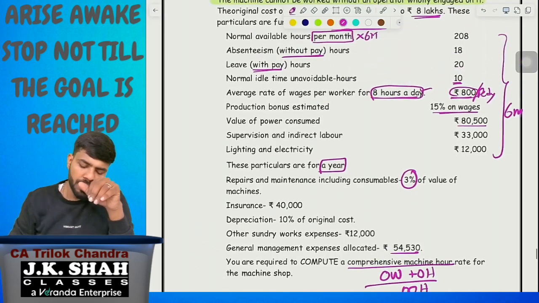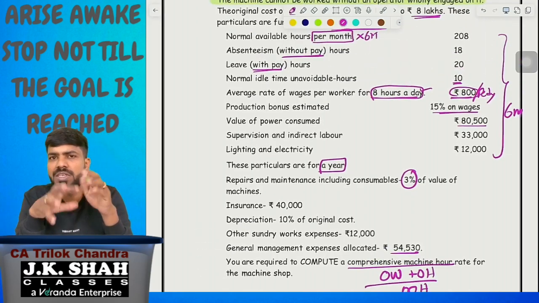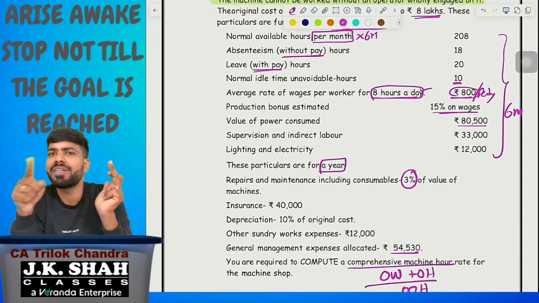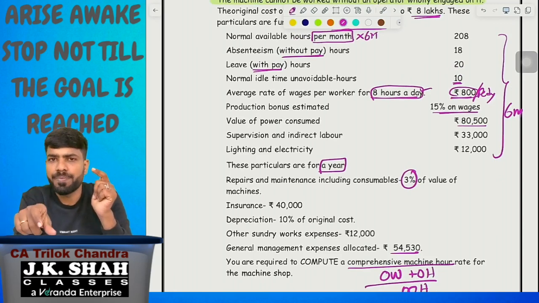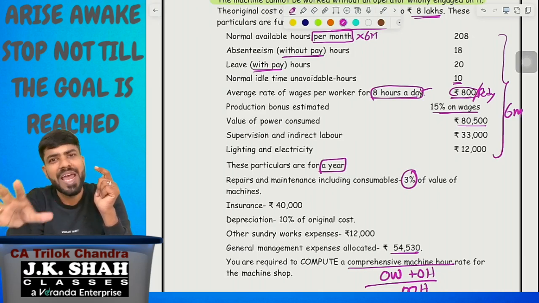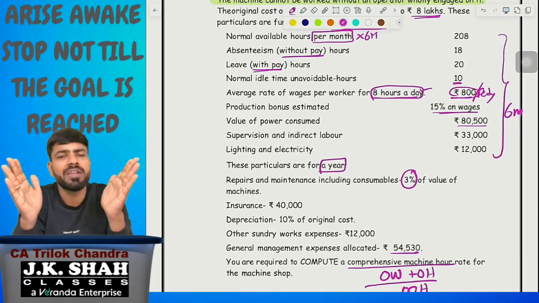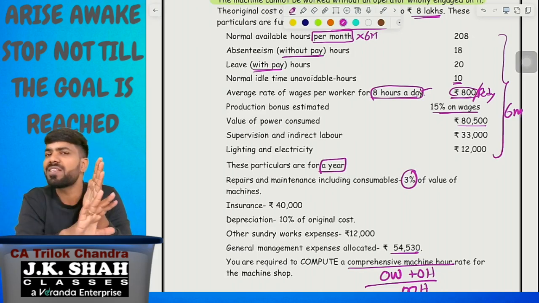Now, if you observe in this question, some of the information is per month, some other details are for 6 months, some other details they have given per annum. Bring everything into a common point of time. Normally, I recommend per annum, but in this question, they have taken 6 months. Nothing wrong in that. Even if you take per annum, your final answer is not going to change.